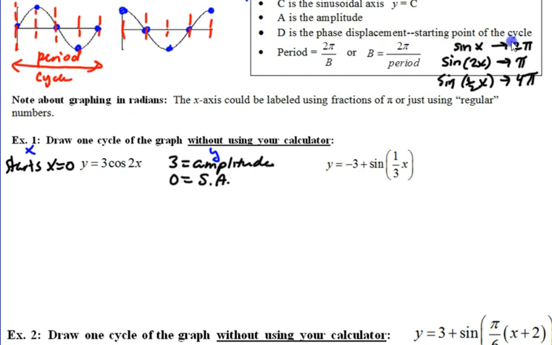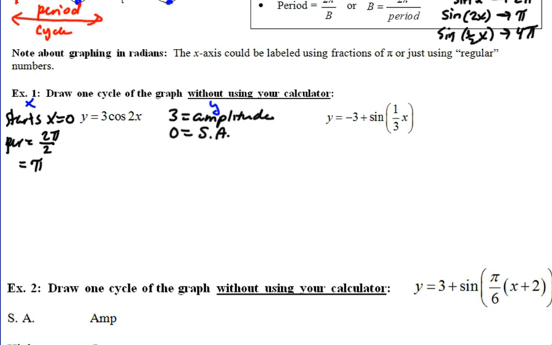So 2 pi divided by 1 is 2 pi. 2 pi divided by 2 gives me pi. 2 pi divided by 1/2 gives me 4 pi. So what we're going to say here is our period is 2 pi divided by 2, the b value, so the period is equal to pi.